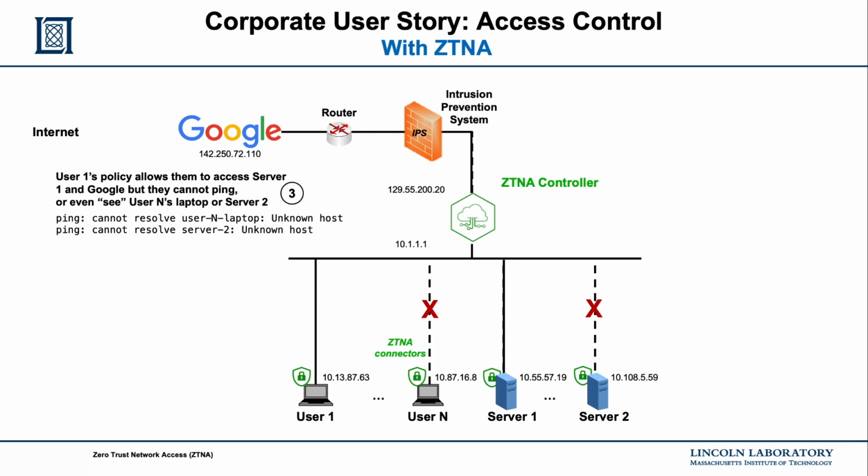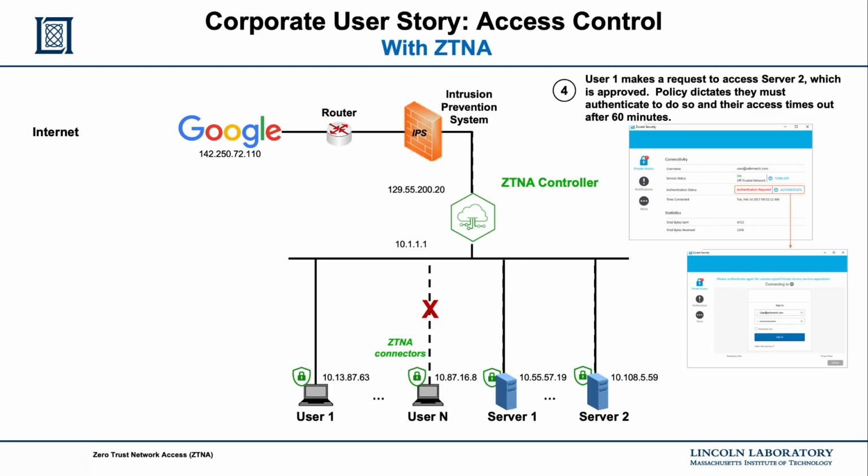Now you might be saying, well, that seems very limiting for user one. What happens if user one has a legitimate business need to access information on server two? Well, a way to do that is shown here, which is that they would make a request to have connectivity to server two. And that can all be handled by policy in the background. The policy in this particular example says that in order for them to have access to server two, they just need to re-authenticate and verify their identity again.